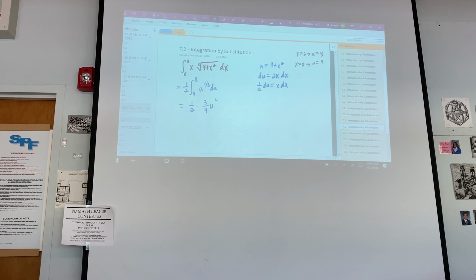3/4 u to the 4/3, that's pretty easy to anti-differentiate. By changing the variables, we had no more product and no more composition. Our constant multiple rule. Eight to the 4/3 minus 4 to the 4/3 is not 4 to the 4/3.